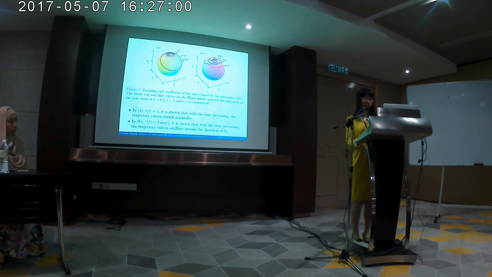We can clearly see that when beta t equals 1, with the time increasing, the trajectory curves shrink gradually. When beta t is periodic, equal to 2 times sin t, with the time increasing from 1/2 to 2, the trajectory curves oscillate around the direction of S1.